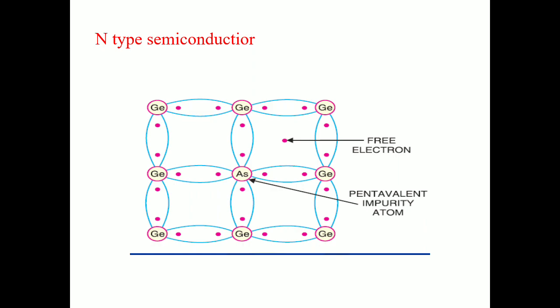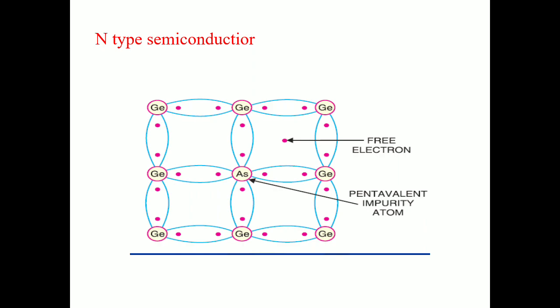First one, the n-type semiconductor. What is an n-type semiconductor? When a small amount of pentavalent impurity is added to the pure semiconductor, it is known as an n-type semiconductor. For example, antimony, phosphorus, etc. If you look at this diagram, it has arsenic and germanium.